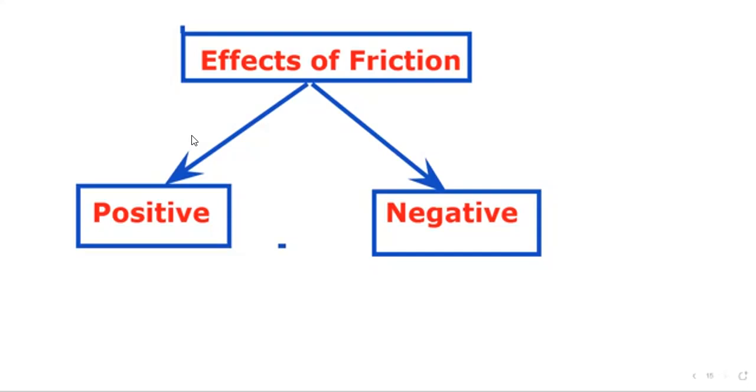Friction has negative effects as well, like in the car engine, the machines, and many other things. Due to friction, there is a huge amount of loss of energy, and that reduces the efficiency of a machine.